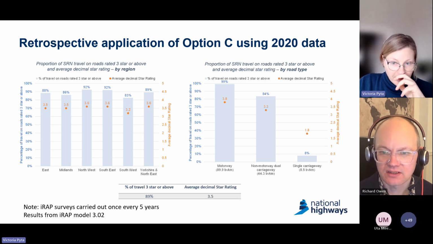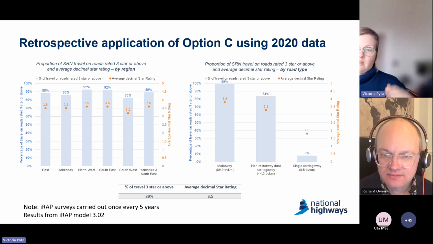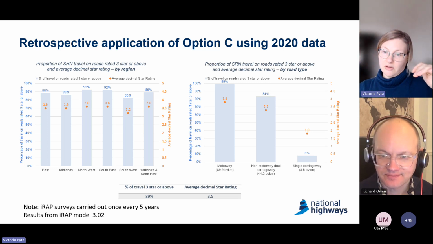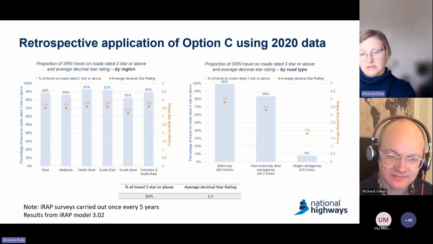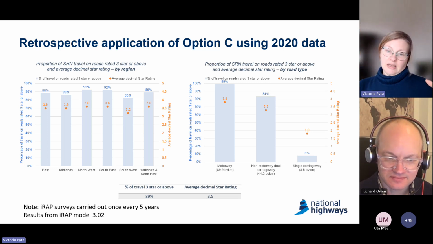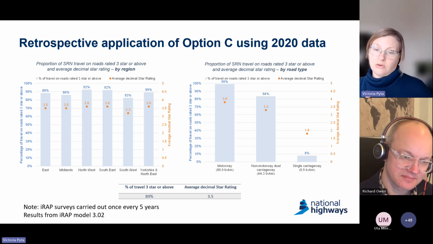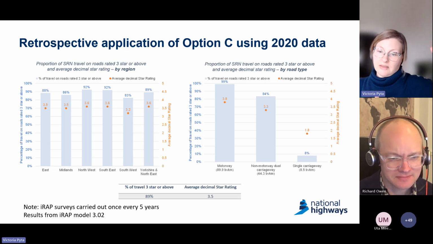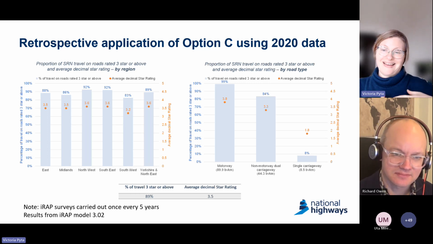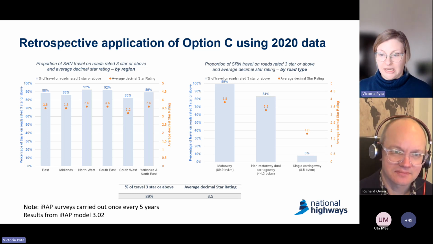And what's immediately apparent there, remembering that the bars are the percentage of travel on 3-star roads or above, and the dots are the average decimal star rating, is that the percentage of travel on 3-star or above rated roads is much higher on the motorway network, and the average decimal star rating is much higher on the motorway network, and that is pretty unsurprising, frankly.